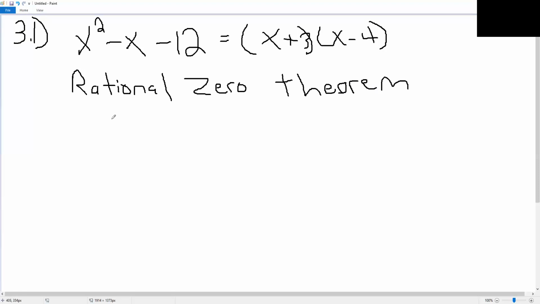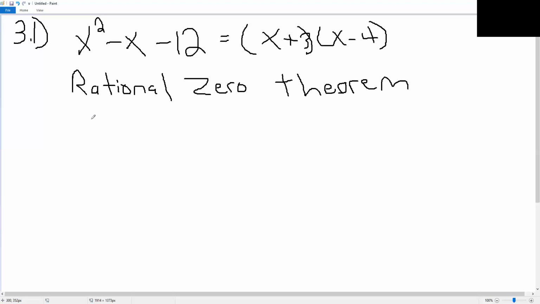Okay. Rational zero theorem. This says that there are possible zeros in a polynomial. I think the best way to describe this is just show you how to do it.